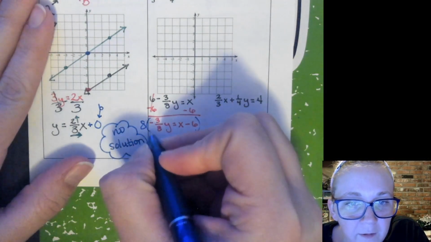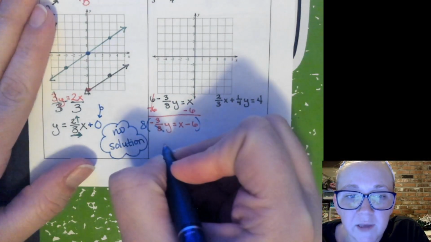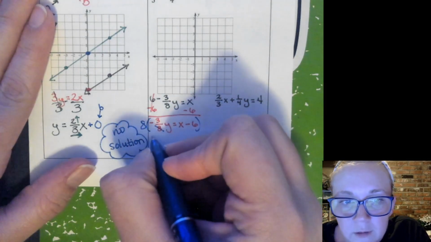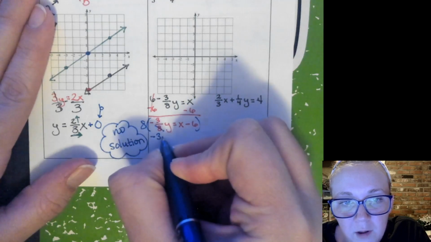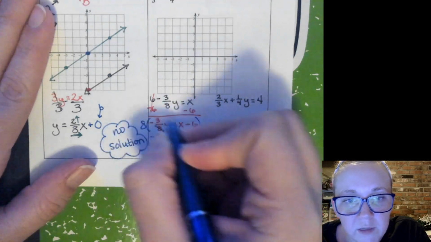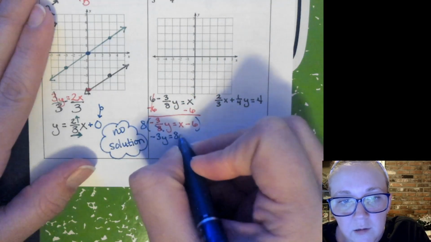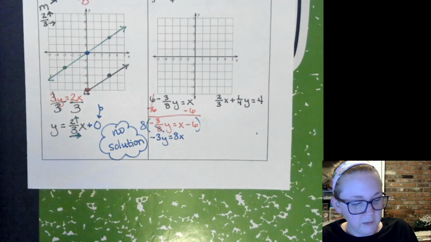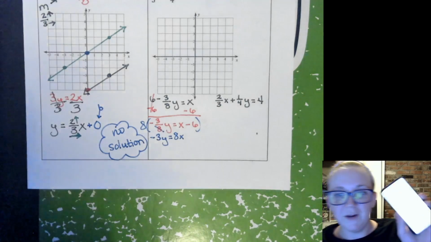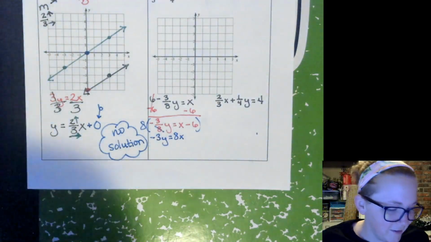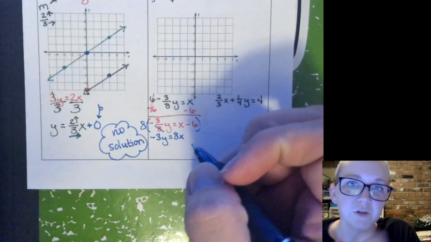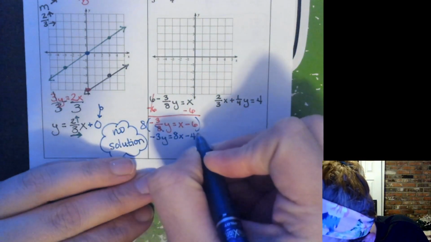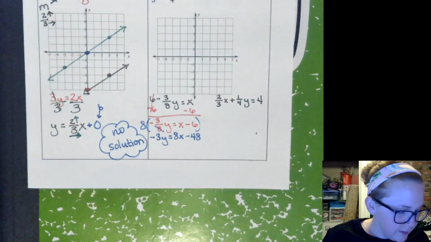So the 8 and the fraction will cancel, so you don't actually multiply that 3. Just put -3y equals 8 times x is just 8x. Miss Howell never learned her 8 tables, so I'm going to check to make sure I'm right. That is 48. Don't judge me. Then put minus 48.